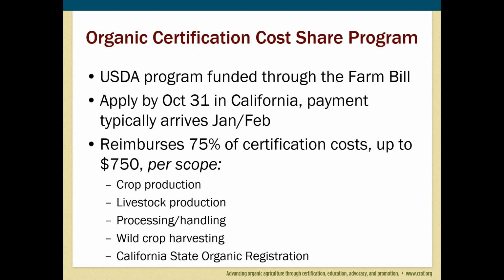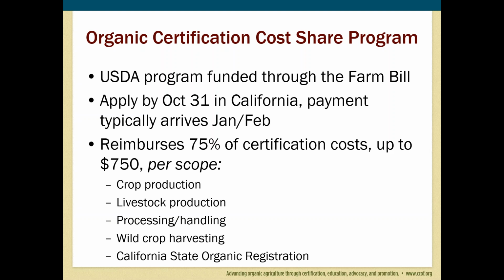So how much can you receive from this program? The maximum is a reimbursement of up to 75% of your certification costs, up to $750. But that is per scope. So the scopes you see listed at the bottom of the slide are crop production, livestock, processing and handling, wild crop harvest, and finally the California State Organic Registration, which we'll talk about a little bit more later.